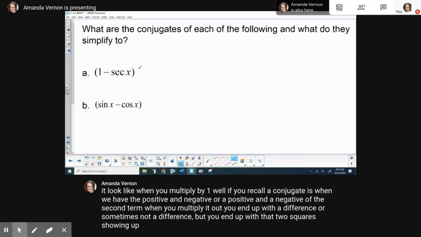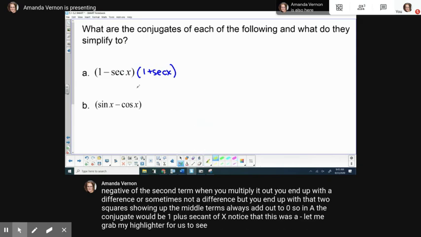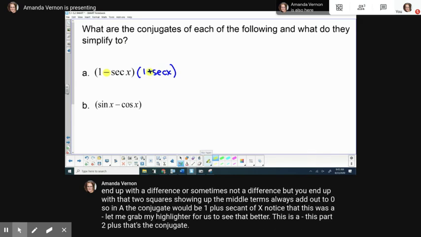The middle terms always add out to 0. So in A, the conjugate would be 1 plus secant of x. Notice that this was a minus. Let me grab my highlighter for us to see that better. This is a minus. This part's a plus. That's the conjugate. Everything else in the problem stays exactly the same.